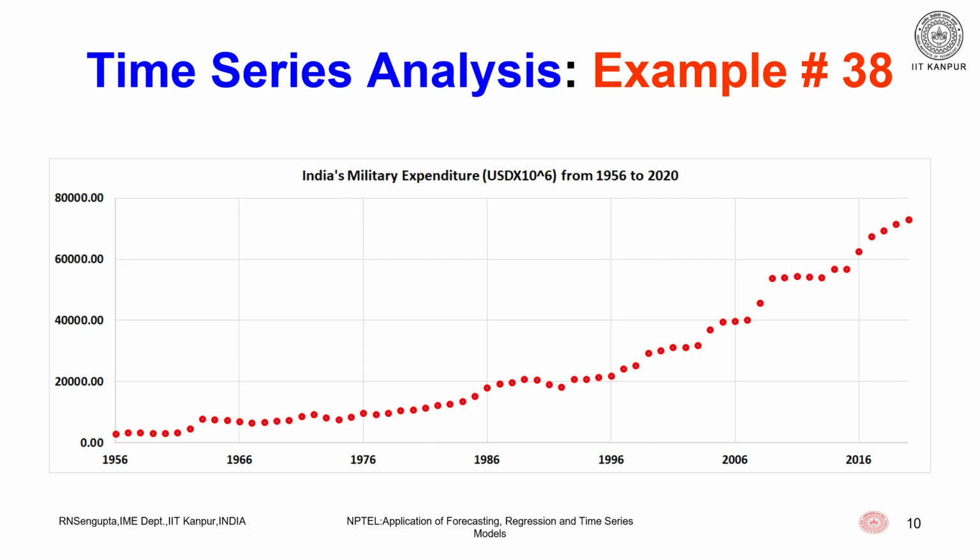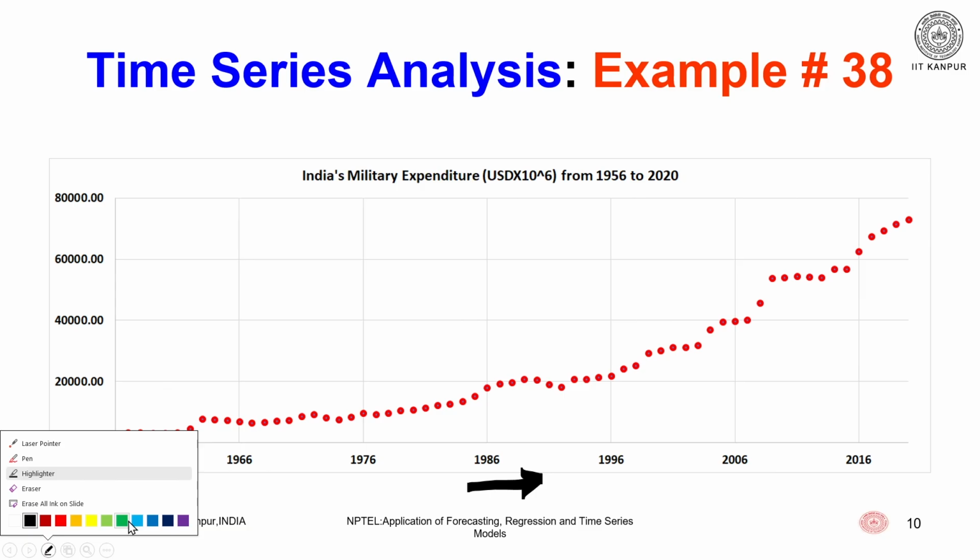So, along the x axis, as it was done for the last example, example number 37, here in example 38 also we are measuring the time frame, and it is given in years. And along the y axis we have the values of the Indian military expenditure in million US dollars. Now, again let us utilize two different colors to understand the trend.